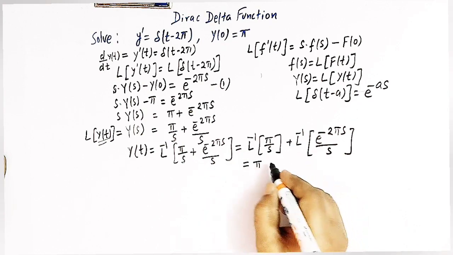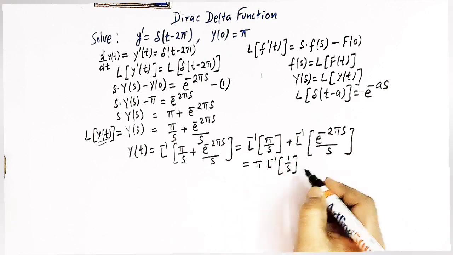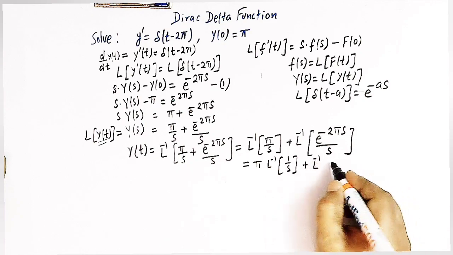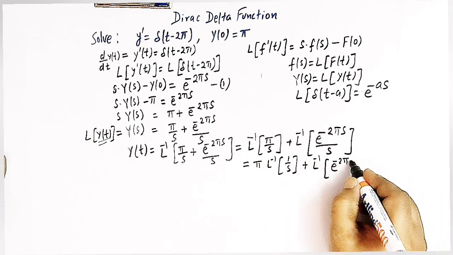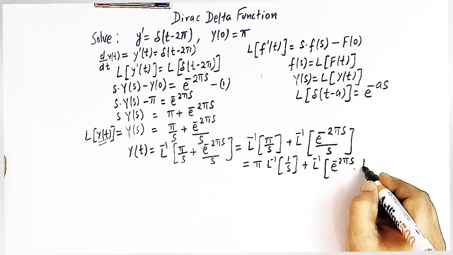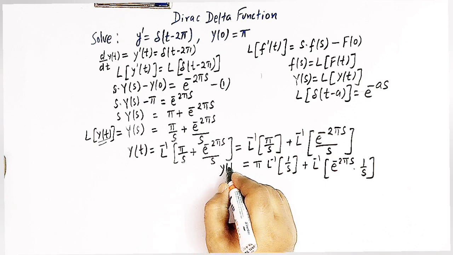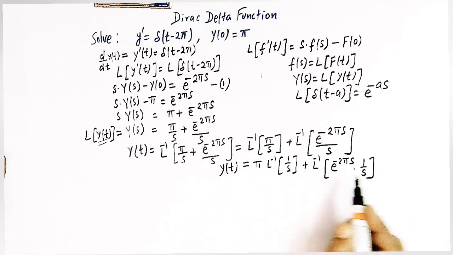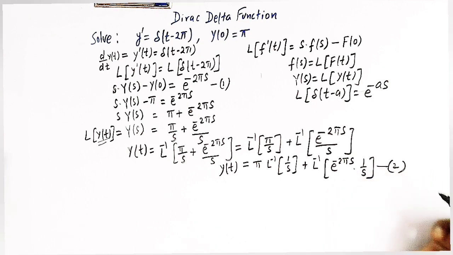So we have pi times L inverse of 1 over s, plus L inverse of e raised to minus 2 pi s times 1 over s, right? So now our function y of t can be given by this equation number 2.